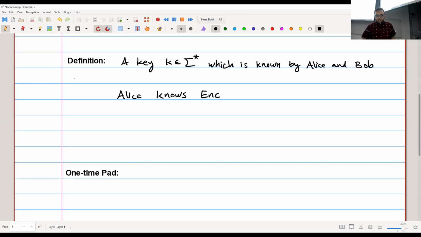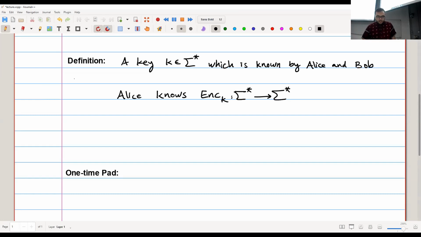And what this function does is that given a key K, it maps strings to strings. So basically, if you give it a key K and you also give it your message, it will give you an encryption of the message. And I'm assuming that Alice knows this because Alice is the party who wants to send the message, so she should be able to encrypt it.